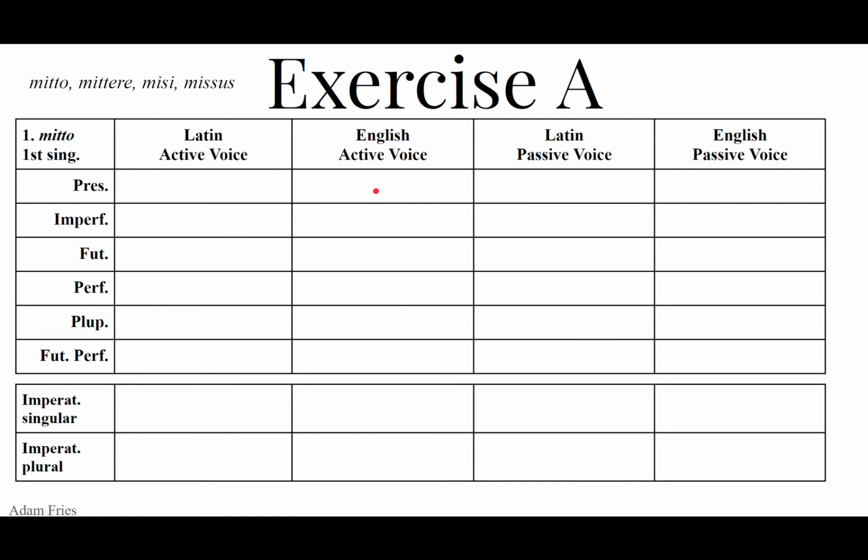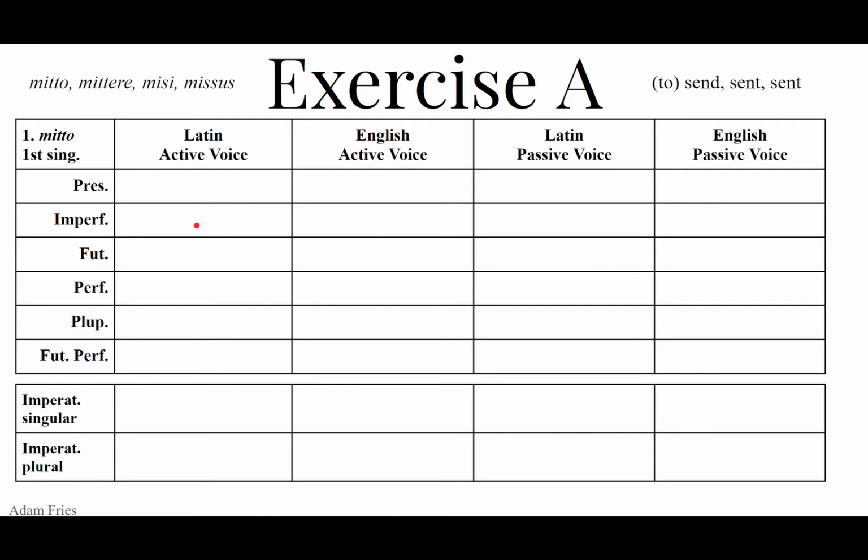I am sending. So the verb means send, sent, sent. I want to send. I sent. I have sent. The present passive takes the first principal part, mitto, and adds the letter r: mittor. I am being sent. I am sent right now.